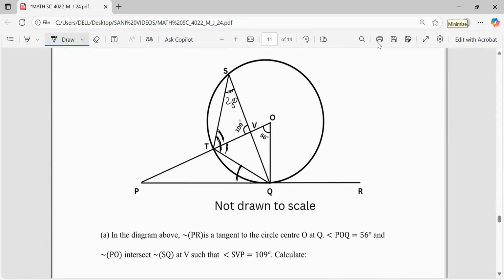Now to get the angle at OTS, we can apply sum of angles in the triangle to get our OTS, or you call it STO. So we already have 109 degrees here. Then we have 28 degrees here. So sum of angles in the triangle is 180 degrees.